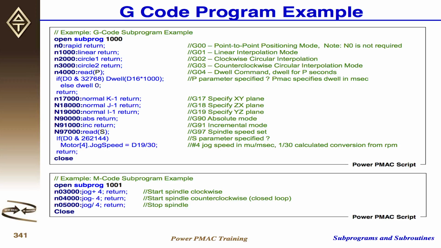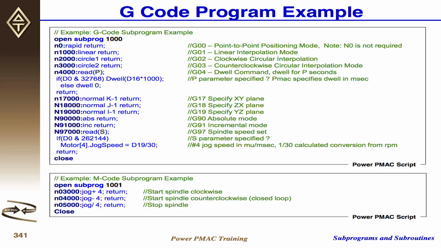So you're going to say if D0 and 2 to the 18, if it's 1, then you set the motor jog speed to D19, right? That's the 19th letter, so D19. And you have a conversion here from RPM to counts, the motor units per millisecond. Then return and close.